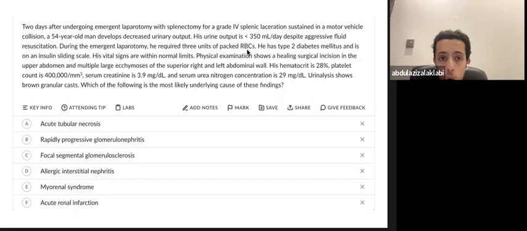That means he had a very low amount of blood and blood flow to the kidneys. His hematocrit was very low, his serum creatinine is 3.9 and his BUN was 29. This is most commonly associated with intrinsic renal failure, and the most common cause is A, acute tubular necrosis.